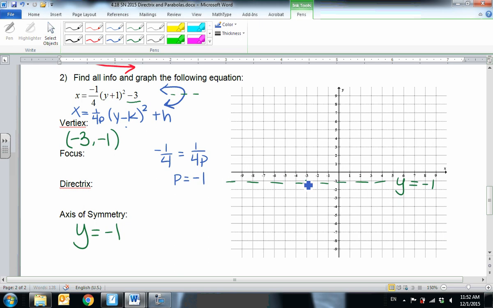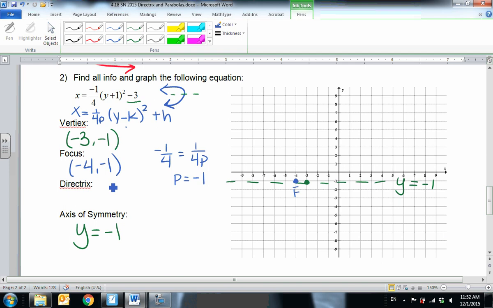Which tells me that I'm going to count from my vertex to the left 1 unit. So what's the location of my focus going to be? -4, -1. Questions on that?